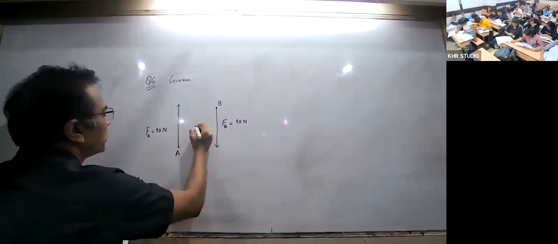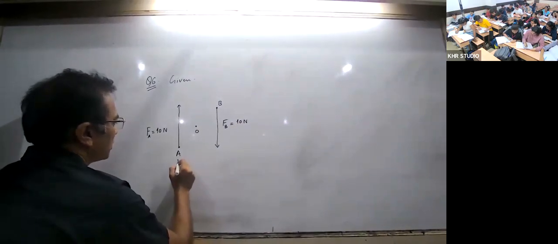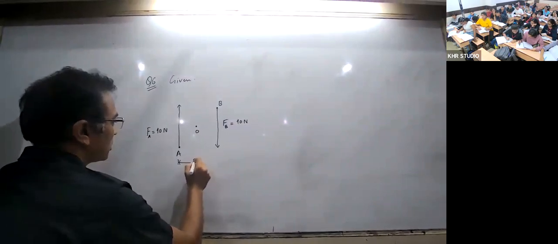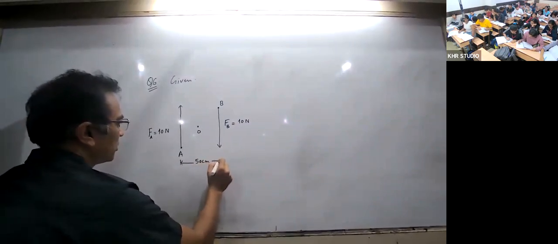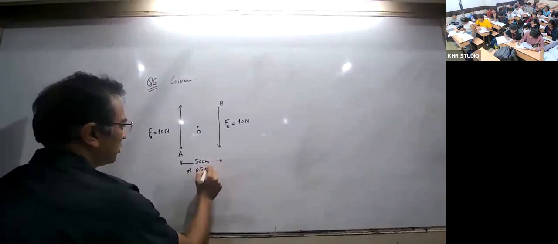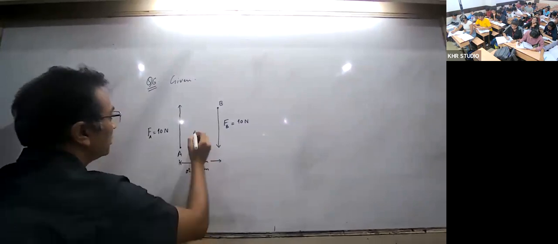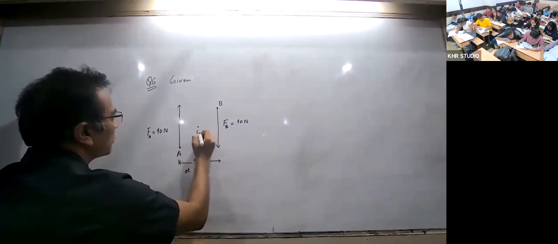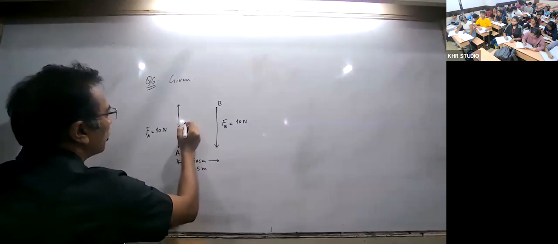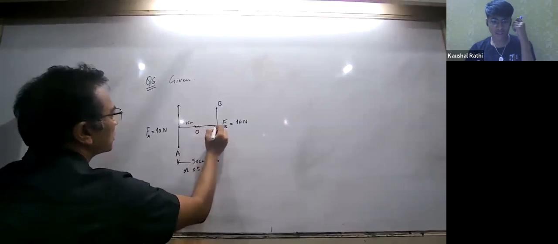What we have to find is at this point O. What is the distance of separation between the two points? 50 centimeters, 0.5 meter. And O is the midpoint. So how much will this be? 0.25.